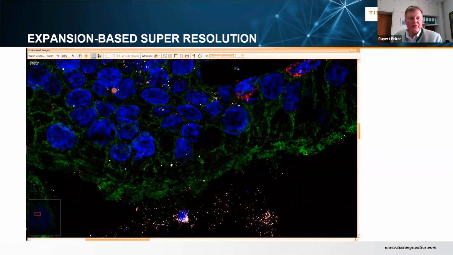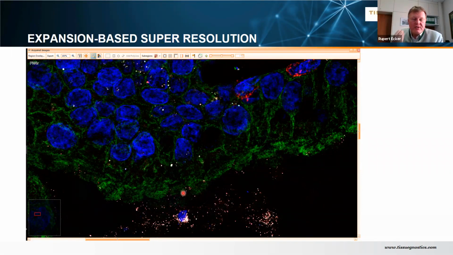Now this is 100%, which means 1 pixel in the image corresponds now to 1 pixel on the camera chip. And what we see here, please note these white dots. Looks like dirt or background, but it's not. These are secretory vesicles which come from the secretory epithelial cells and get secreted into the lumen of the prostate.